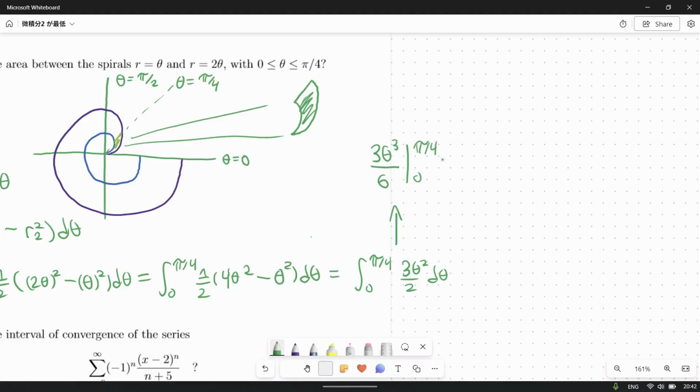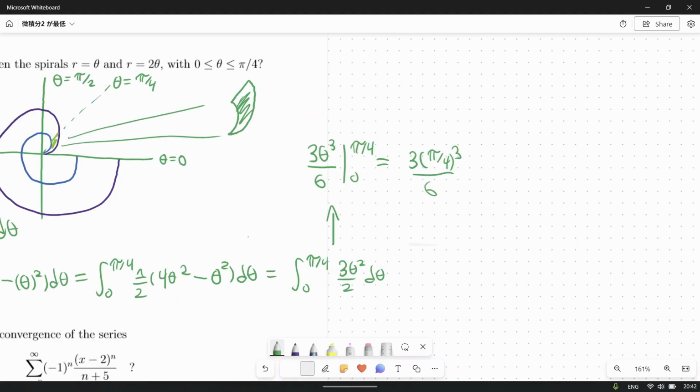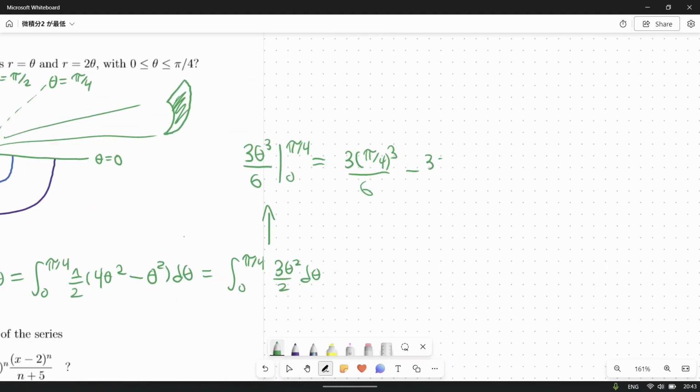And so then we just have to plug in the boundaries, and we end up with 3 times pi over 4 cubed over 6 minus 0 cubed over 6. This term is just going to become 0.